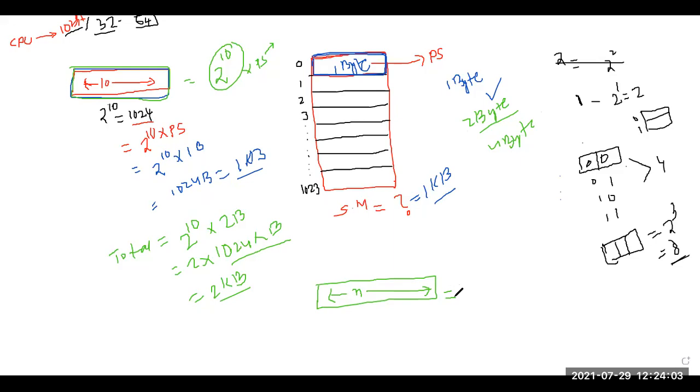What is the total number of different locations it will support? 2 to the power n. Yes, good. It will support 2 to the power of n locations. So I can generate how many different locations? I will start from zero, then one, like that. Where will it go up to? It will be 2 to the power n minus 1.